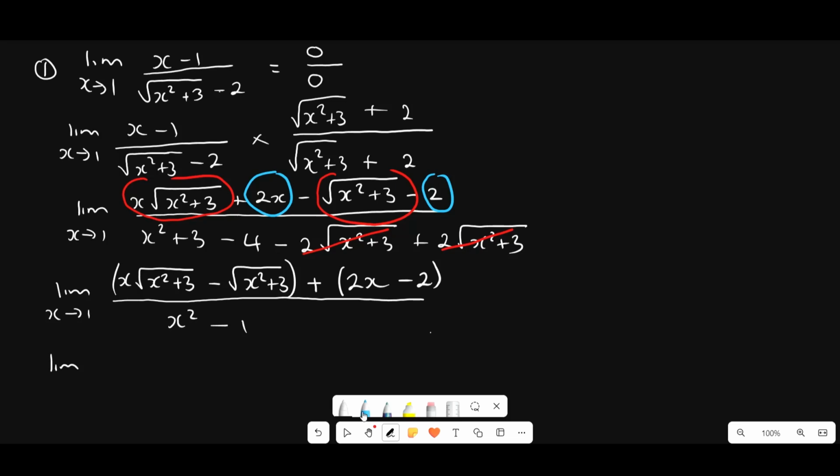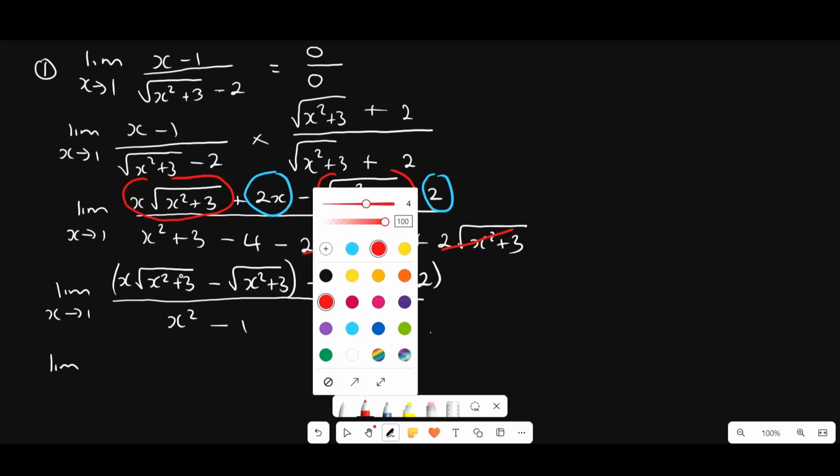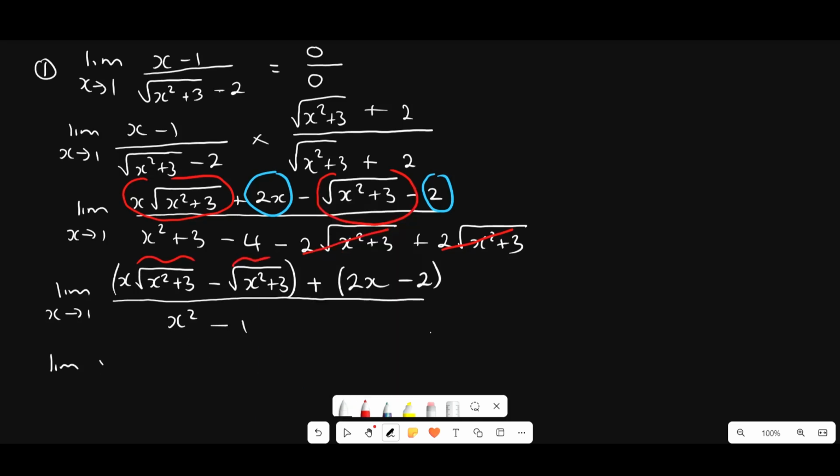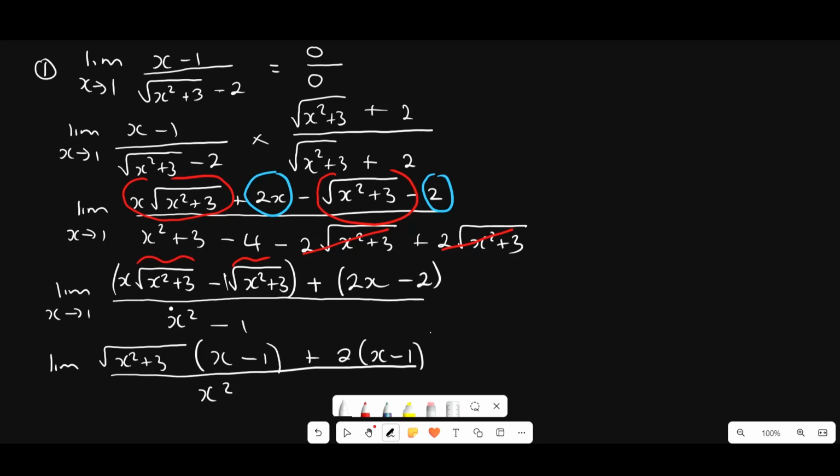Well, the common factor in this case is this square root part here. So I'm going to take out that common factor. That means I have the square root of x squared plus 3 times what is left, which is x and then here basically 1, so negative 1, and then plus, if I take out 2 as a common factor, 2 is common, therefore I'll have x minus 1, and then this is all divided by x squared minus 1.